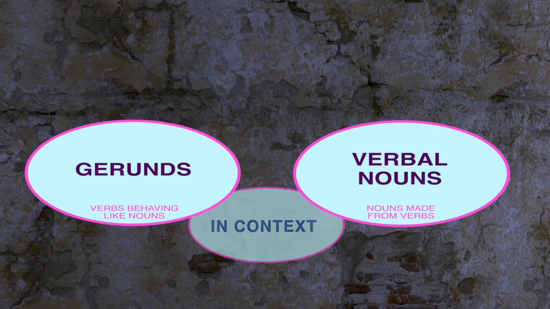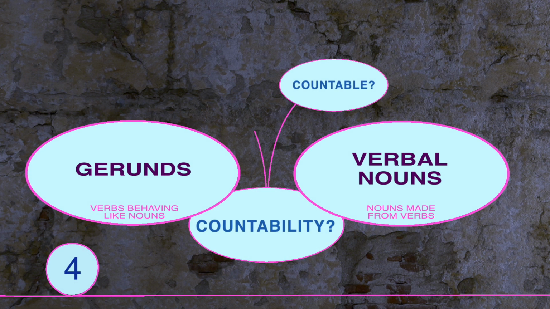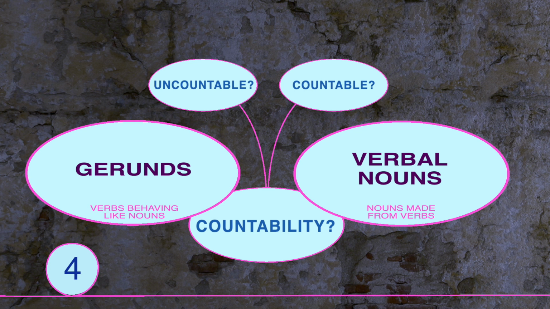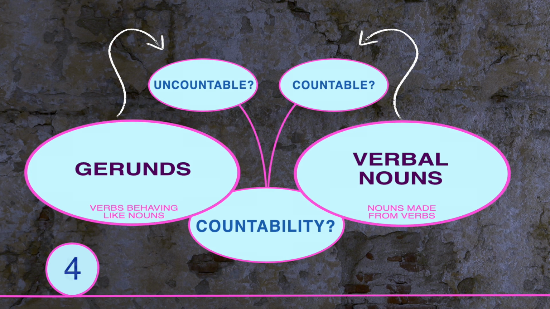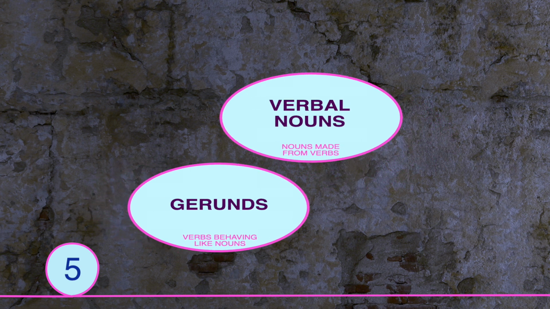Our next step is to decide if our gerunds or verbal nouns are countable or uncountable. In general, an "-ing" verbal noun will be countable and might be used in its singular or plural form, and a gerund will be uncountable. Which leads us to our 5th and final step, which is to assign our articles.